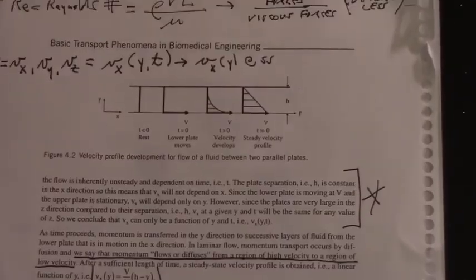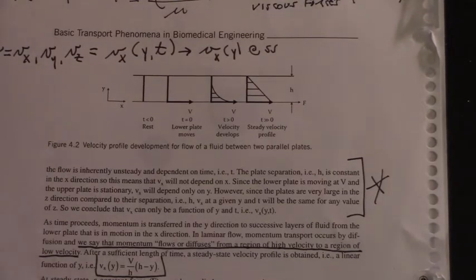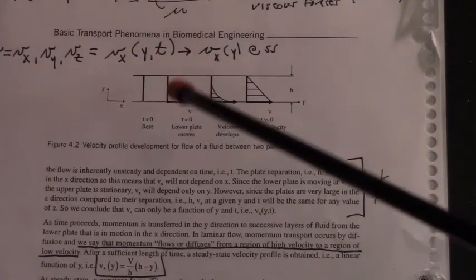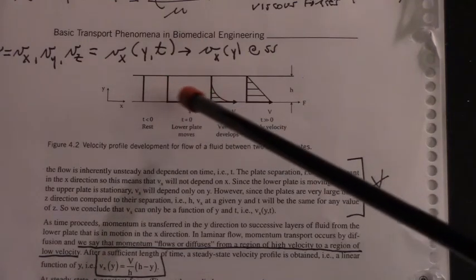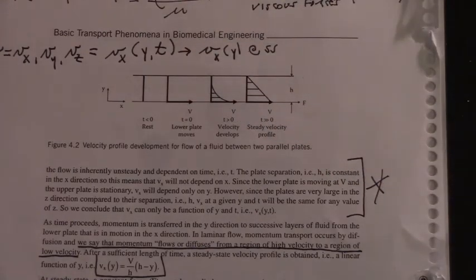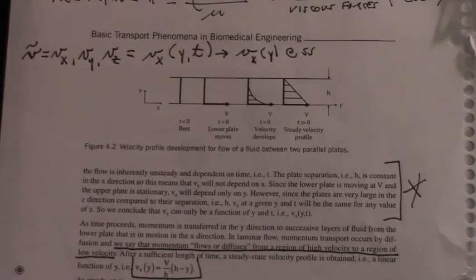So this is what's interesting, and this is what's shown in figure 4.2 here. You can see that our velocity profile, right after the plate starts to move, the only fluid that's going to be moving is the fluid adjacent to the plate. Now, one of the fundamental rules of fluid mechanics is the no-slip boundary condition.